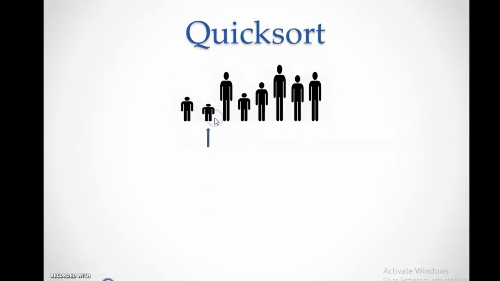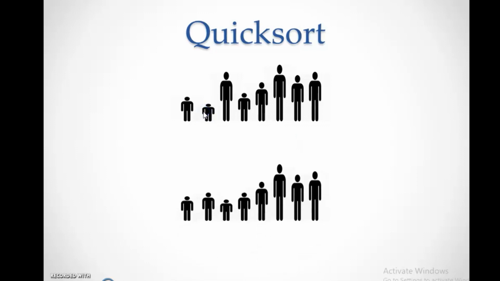Likewise, the next person has all other persons to his right taller than him, but there is one person to his left who is taller than him. So this person is also not in his sorted position. Likewise, in every situation here, none of the persons are in their sorted position.